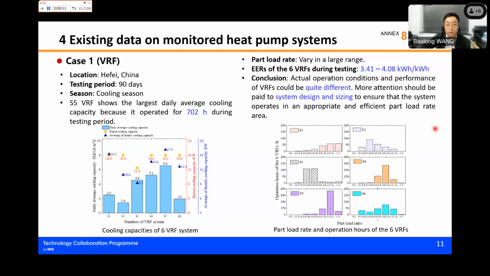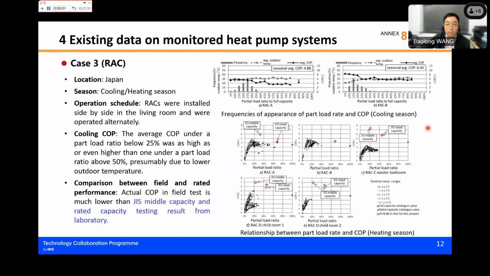And we get the conclusion that the operation condition and the performance of the VRF could be very different even when they are very close in the same city, with a very similar climate and very similar buildings. So that's the main conclusion from this test. Another one was conducted on a room air conditioner in Japan, not only in the cooling season but also including the heating season.